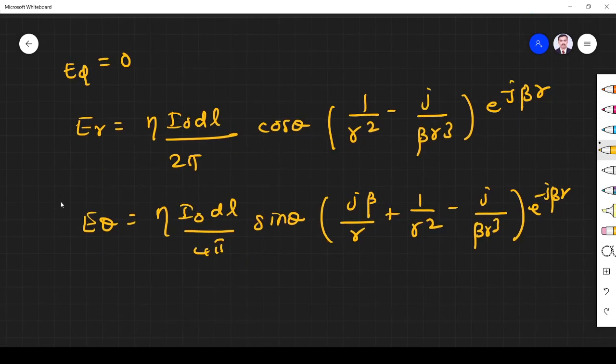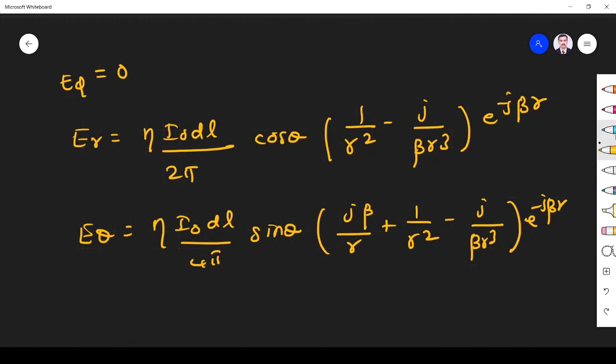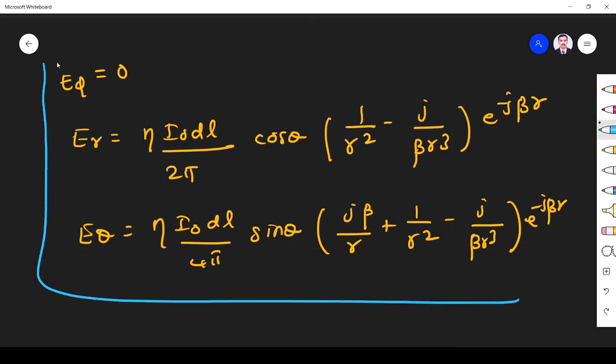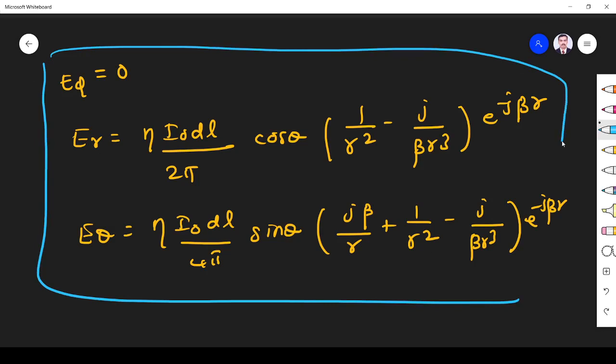Fine. So you see, magnetic field has only phi component, whereas electric field has r and theta components. Surely the phi component of electric field should be 0. Why? Because the electric field will not rotate, it will diverge. So E phi must be 0. So it is perfect. We have only the R component and the theta component of the electric field.